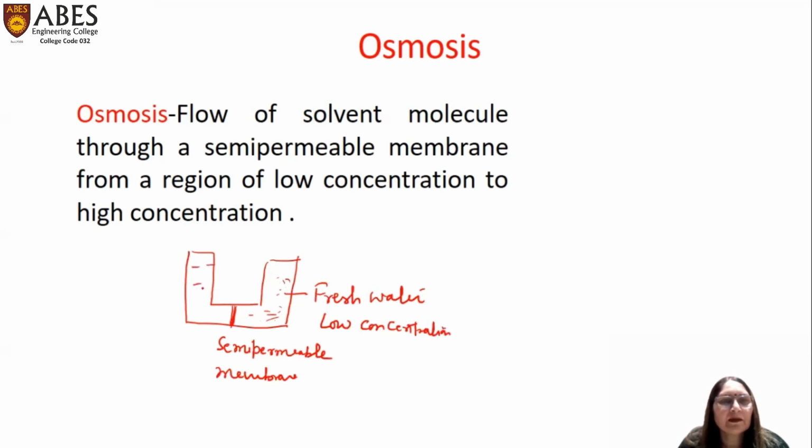And this is the saline water, which contains high concentration. Flow of solvent through a semi-permeable membrane, low concentration to high concentration. That is called as osmosis.